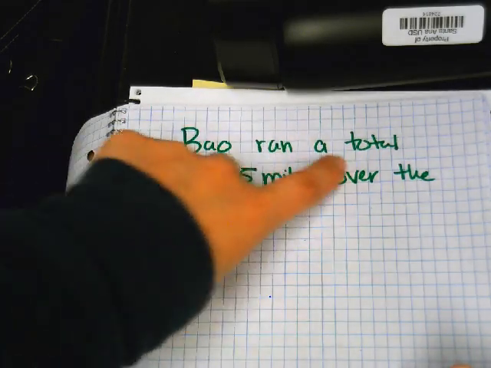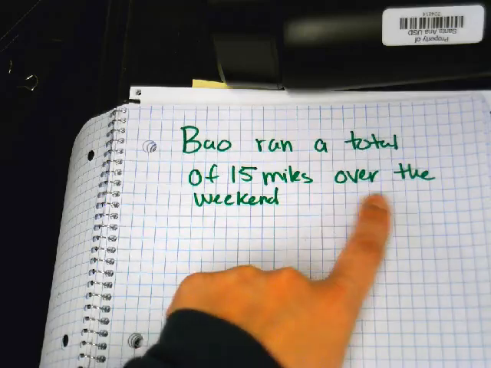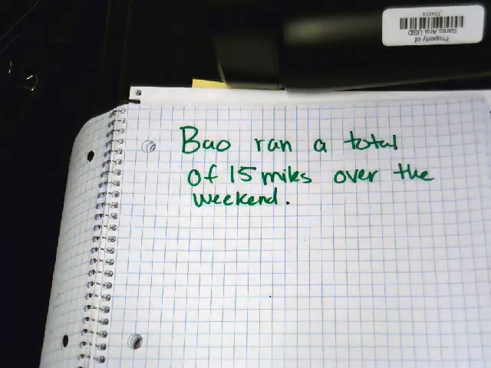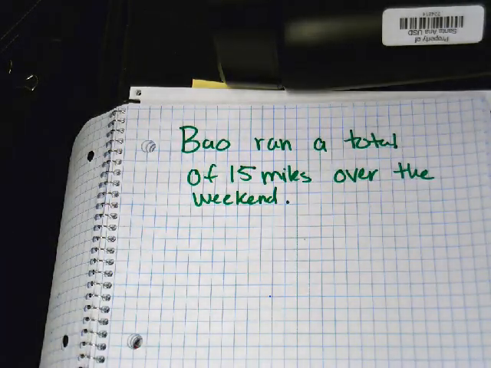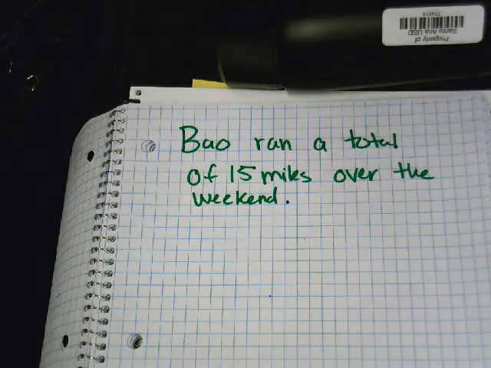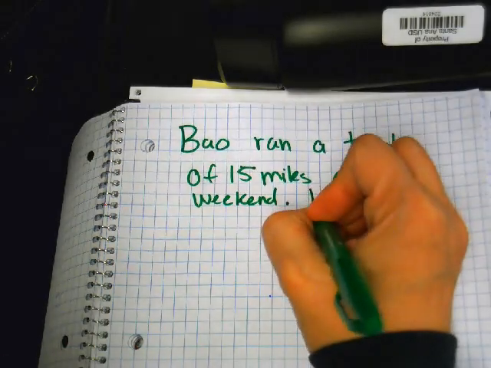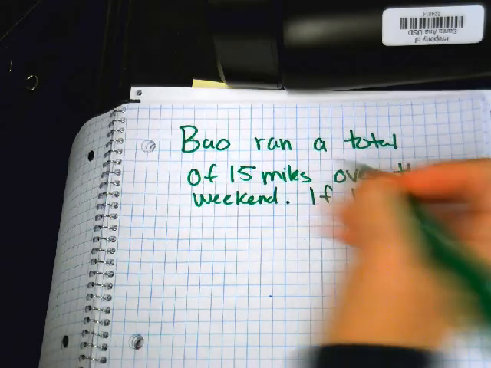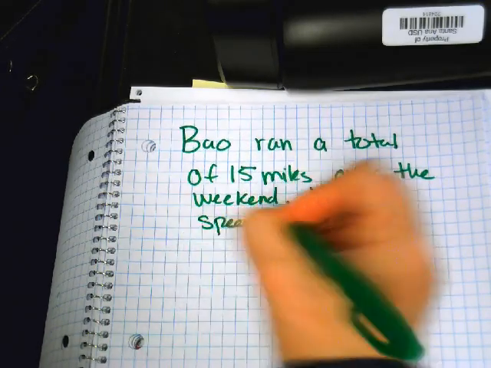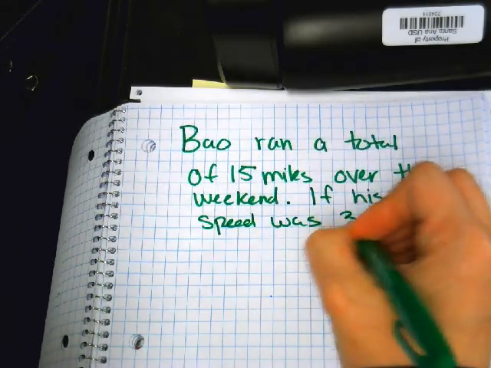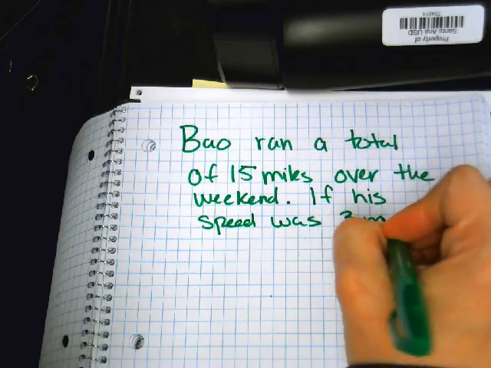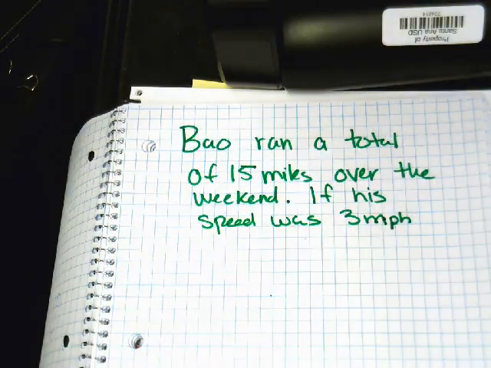So Bao ran a total of 15 miles over the weekend. Over the course of a holiday weekend, over 3 days, you guys ran 15 miles. If his speed was 3 miles per hour, average speed. It's a constant, you know, he speeds up, he slows down.